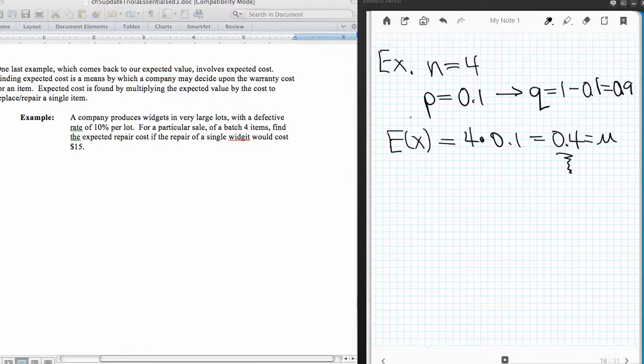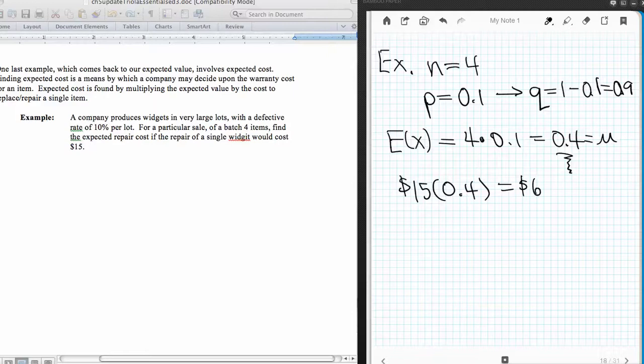That's 0.4. Now, if we expect 0.4 to be defective and our cost is $15, we're going to multiply the $15 times the 0.4, and that's going to give us our expected cost for repair. So 15 times 0.4 is going to give us $6.